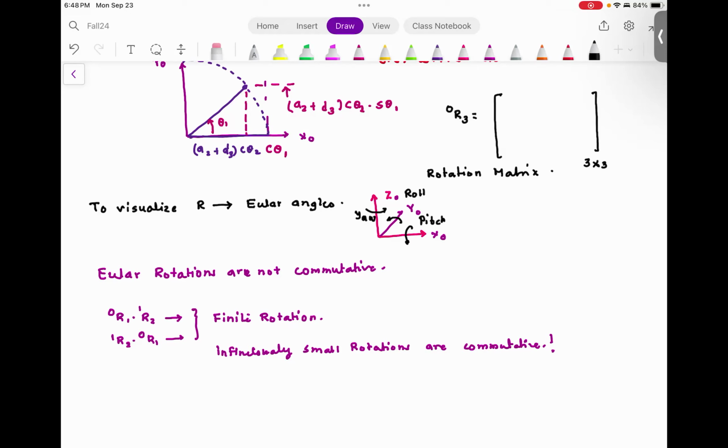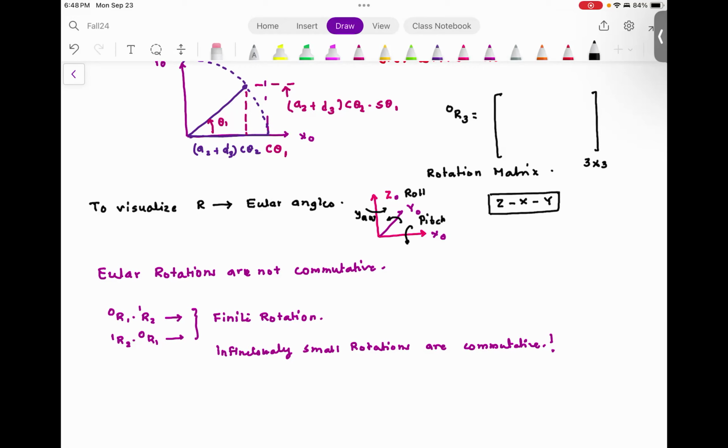Please note, the first rotation was z, the second rotation was x, and the last rotation was y. There are 12 combinations of Euler angles, which means we can change the sequence. You can go zxy, yxz, zyx, and so on. But from an engineering point of view, this is the most common Euler angle representation being used.